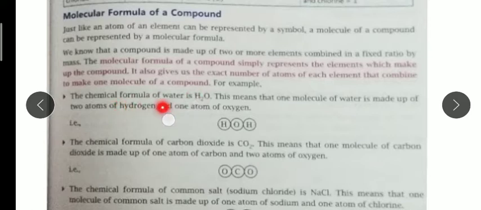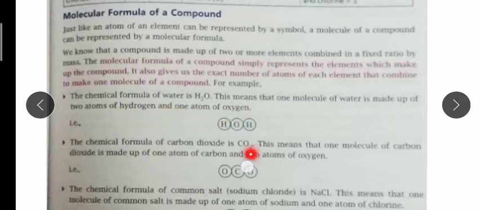So what is the chemical formula of water? We all know H2O. It means it contains one molecule of water, and that one molecule of water contains 2 atoms of hydrogen and 1 atom of oxygen.